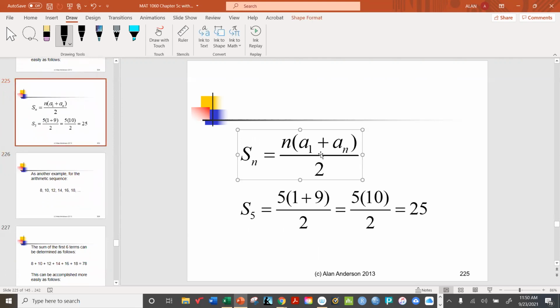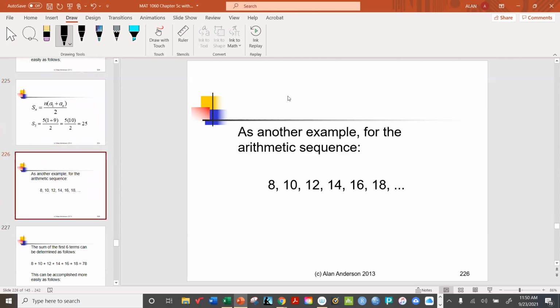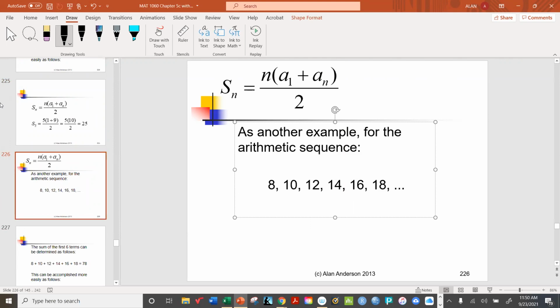So let's grab this formula. Now I'm going to challenge you to find out the sum of the first 6 terms. Okay, you can add them up if you want to, but I'd like you to use the formula. Now, by the way, what if it doesn't show the first 6 terms? You might have to fill in the ones that are missing.